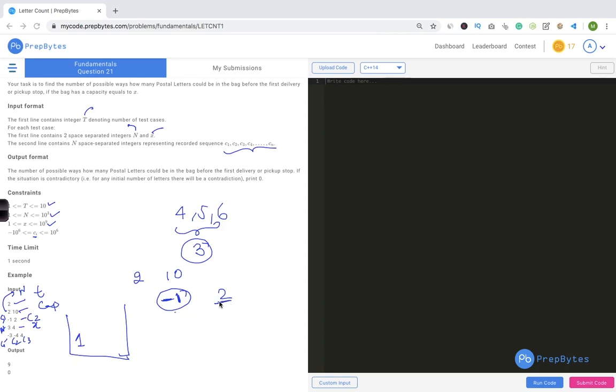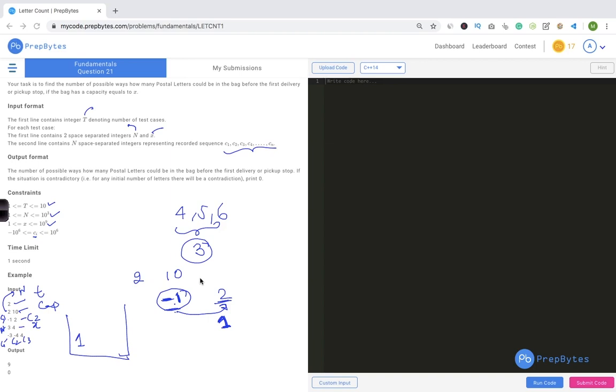In the second case, we are having 2 pickups. Now what is happening here? One letter is already delivered, right? So if you see till here, we have one extra letter. Okay, one is delivered. So whatsoever was the capacity of the bag initially, after that one letter was delivered and then 2 letters were picked up, which means that there was one extra letter after this particular activity, right?